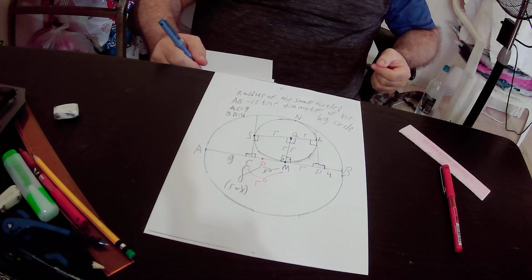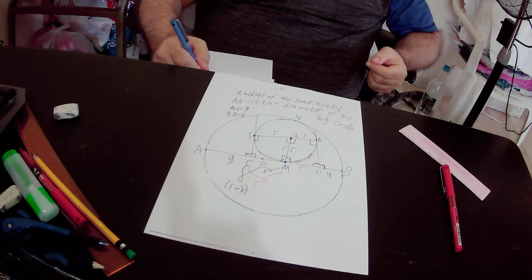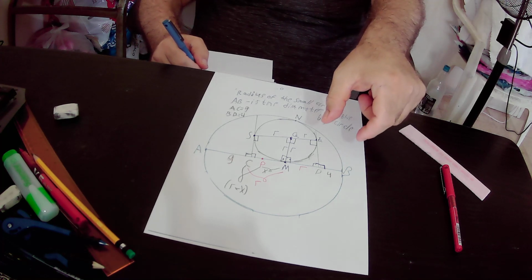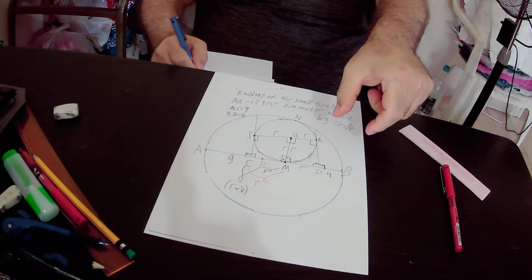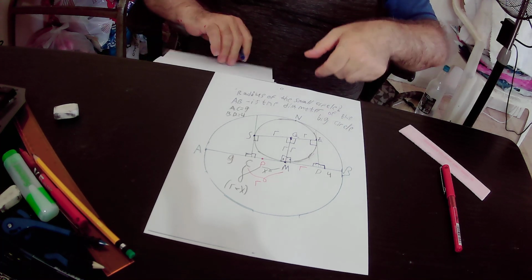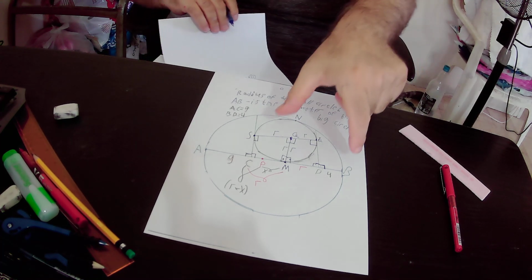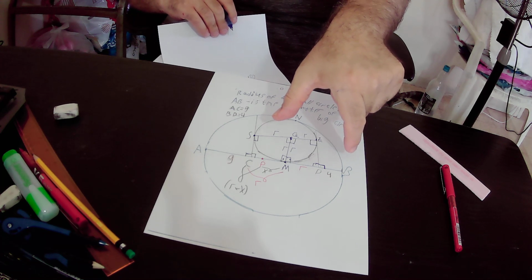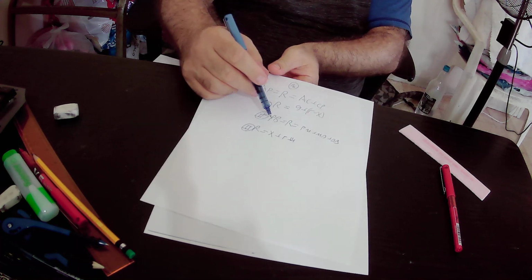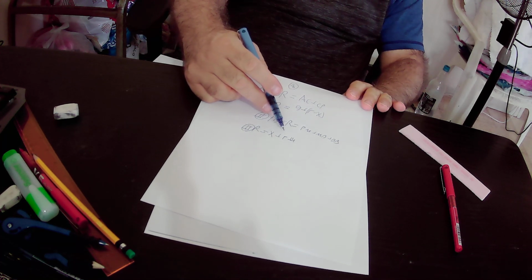So MD equals small r, the radius of the small circle, plus DB. DB equals 4 units. It is given in the question. So in total we got that the radius of the big circle equals X plus small r plus 4.